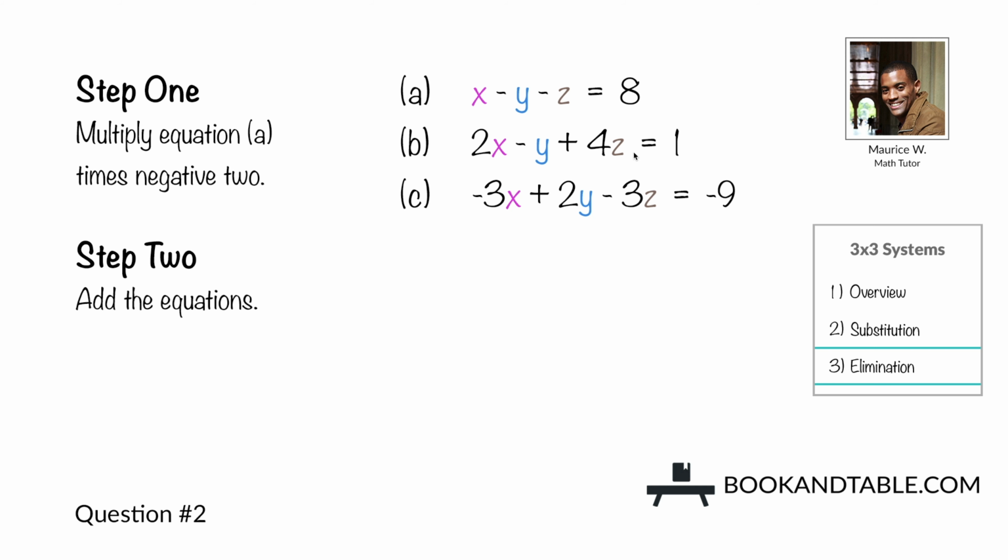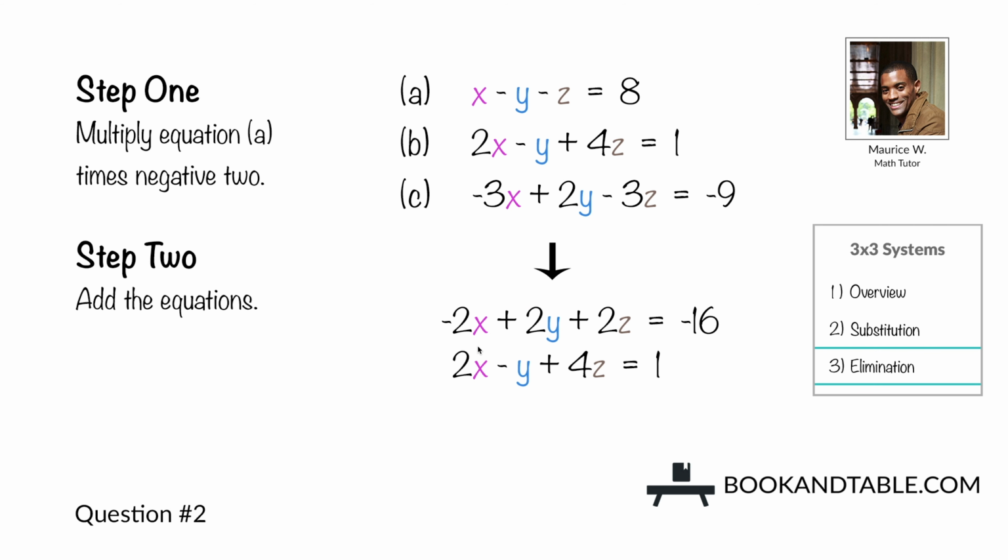So we'll first take a look at equations A and B. And in order to eliminate x, we'll need to multiply equation A times -2, giving us -2 times x, which is -2x. -2 times -y is +2y. -2 times -z is +2z. And -2 times 8 is -16.